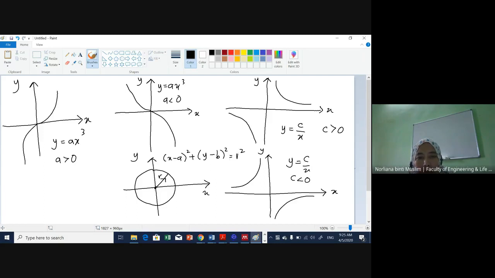Okay, so this is a point of AB. In this case, the AB is 0. Okay, so AB is the point at the origin. Okay, they're representing the radius.